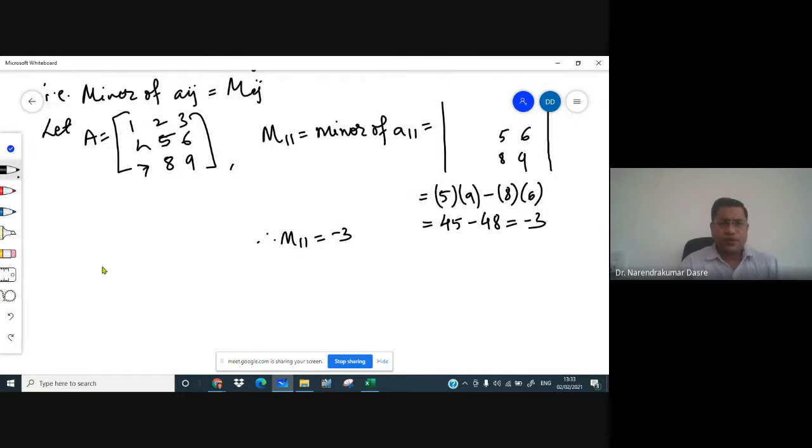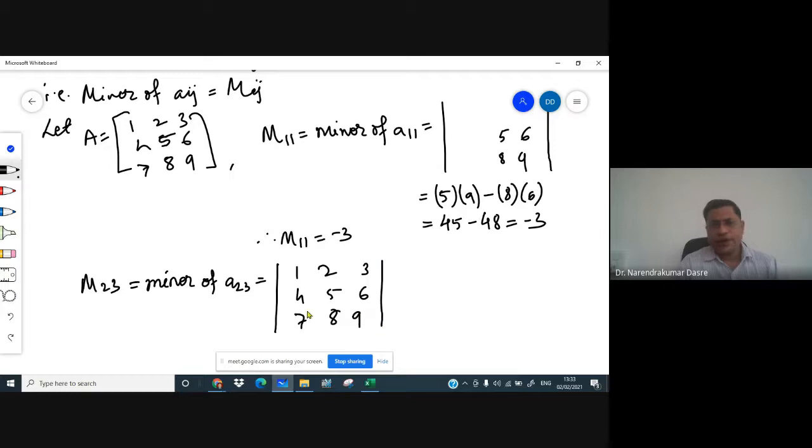We can calculate M23, the minor of A23. We consider the determinant of A and delete the second row and the third column.